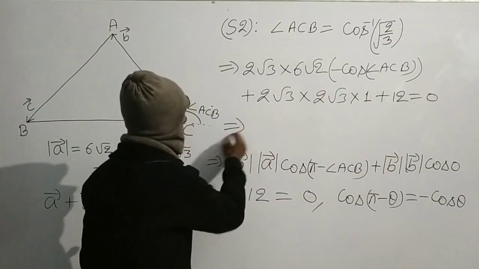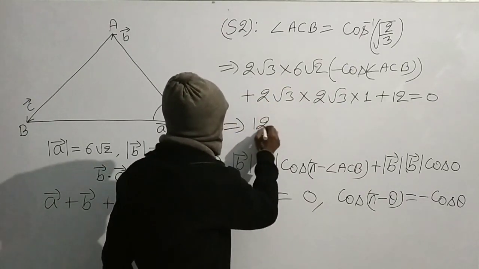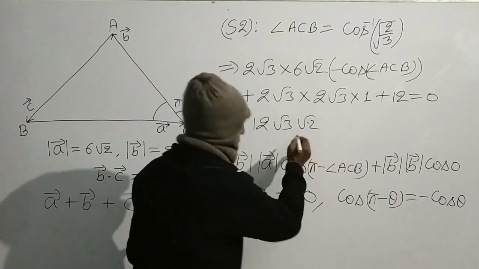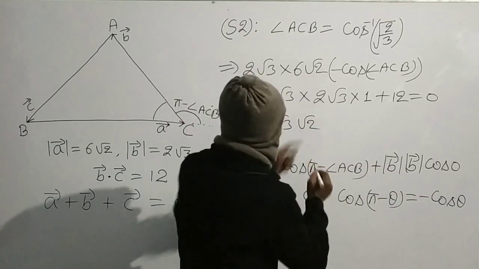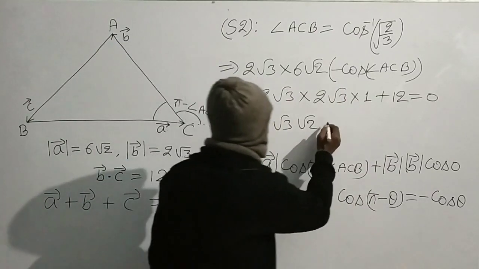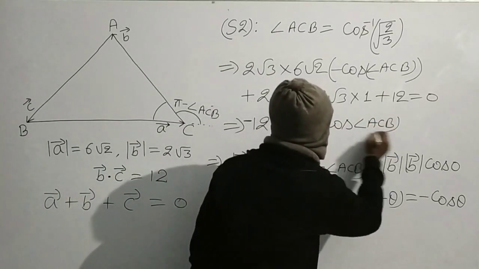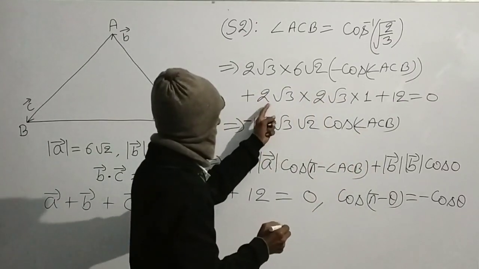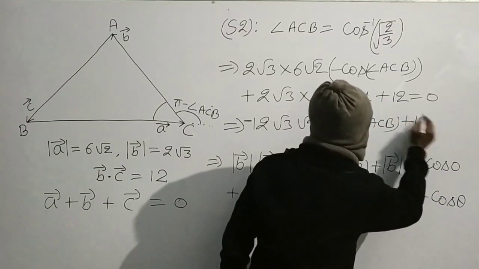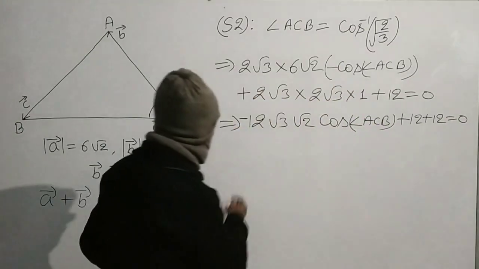This implies 12 root 3 root 2, we write minus sign here, cos angle ACB plus 12 is equal to 0.